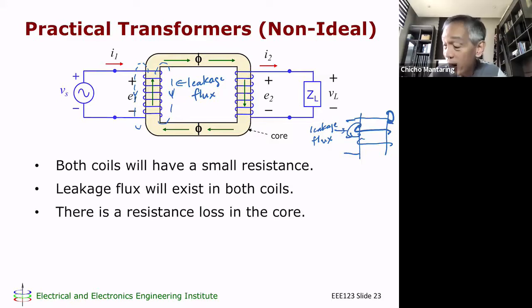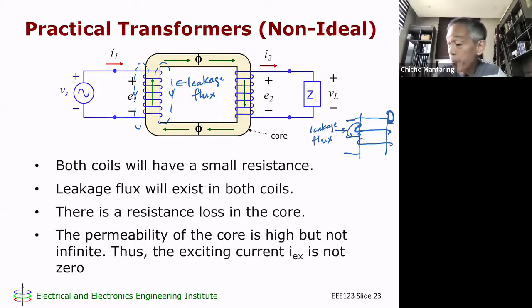So that's what's happening here in the core. You get a kind of resistance loss, so that when you touch the core, it's a bit warm. And finally, the permeability of the core is high. Permeability is analogous to conductivity when it comes to magnetic flux.